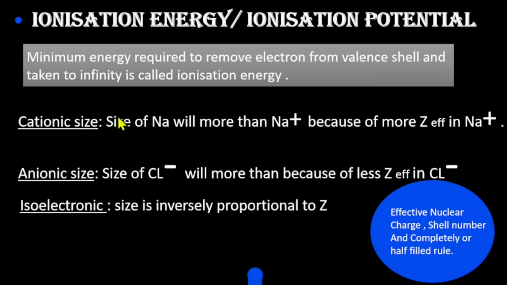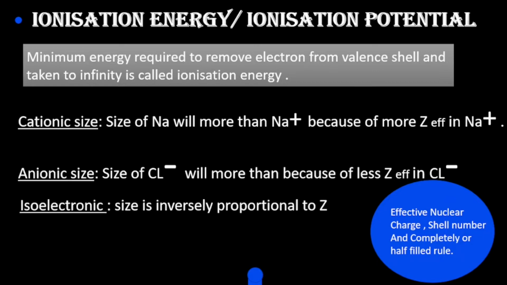If I remove one electron from sodium, it will become sodium plus. So when it becomes sodium plus, there is one electron less in sodium now. The nucleus has seen that one electron has gone, so it will pay more attention to the left electrons.